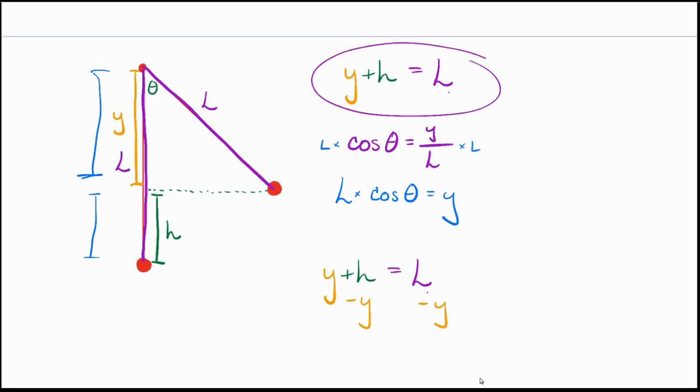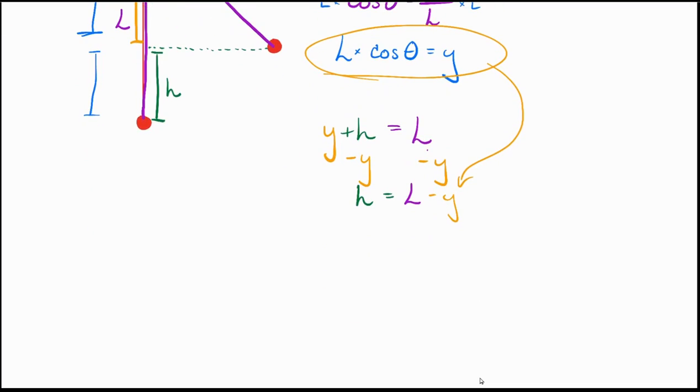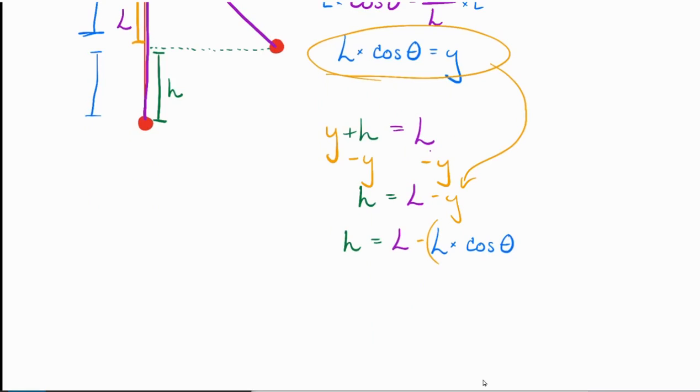So I'm going to subtract y from both sides, and I'll end up with h is equal to L minus y, where y is this. All right, and now I have my height.